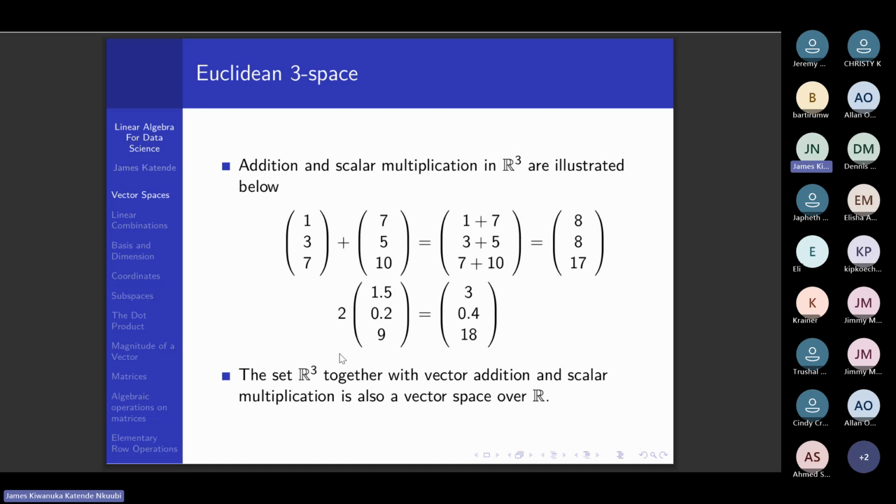So again, if you combine this set R3 together with these two operations of vector addition and scalar multiplication, it will also be a vector space. So now I'm using the term vector space. We have not defined what it is, but you just have to accept it for now. We shall define it shortly.